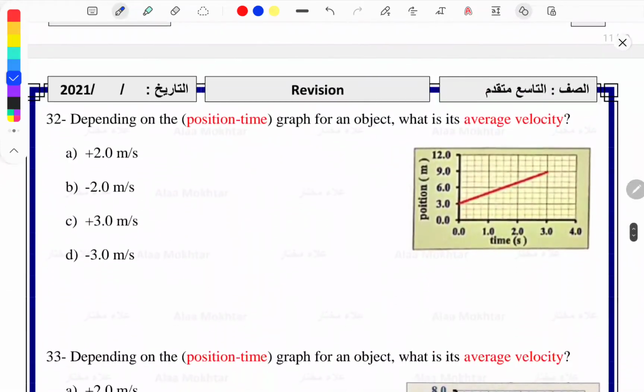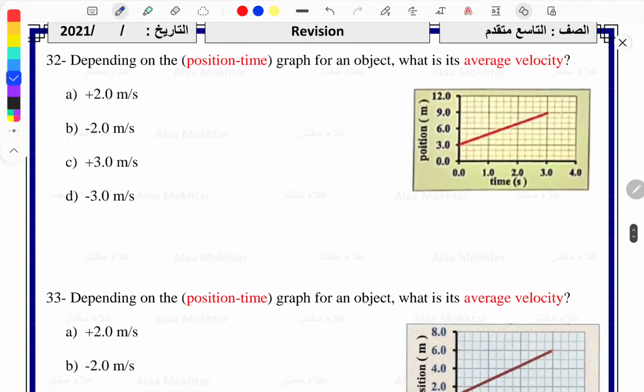The next question, depending on the position time graph for an object, what is the average velocity? It's easy. I can take 2 points and calculate the slope. The slope equals average velocity. This point is 3, 9. This point is 0, 3.